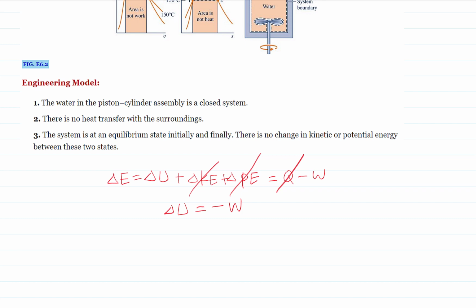The boundary work is done by the system, that is positive, and the paddle wheel work is done on the system, that is negative. Divide the equations by the mass. We arrange the equations.